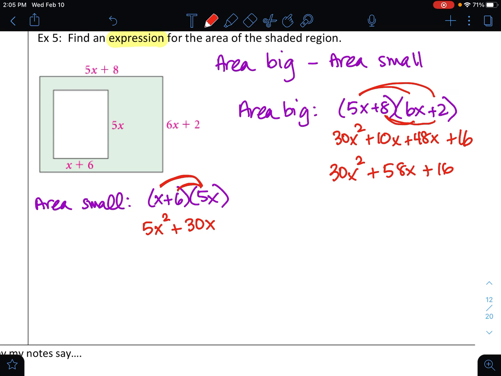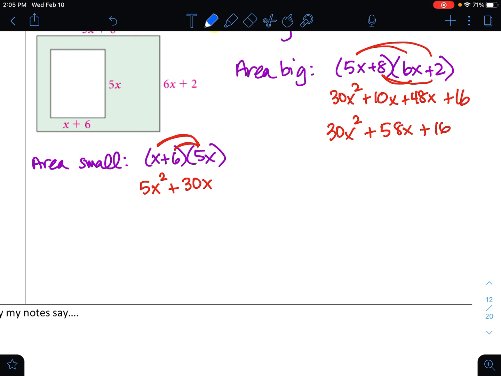Okay, now I need to come back here. Area of big minus area of small. So I have here area of big is 30x squared plus 58x plus 16 minus area of small. Since I have 2 terms, I'm going to put it in parentheses like that, because I not only have to take away the 5x, I have to take away the 30x. If I don't write it in parentheses, I'm very likely to forget to subtract 30x.